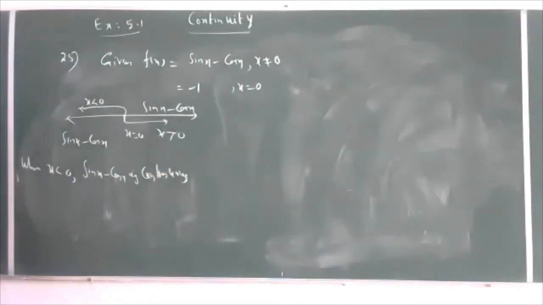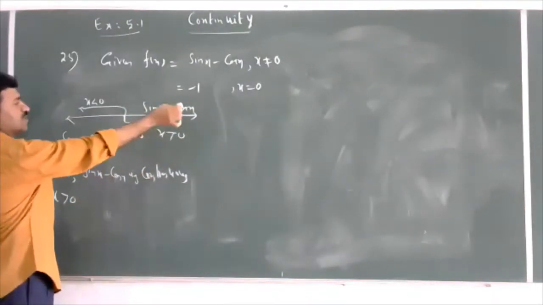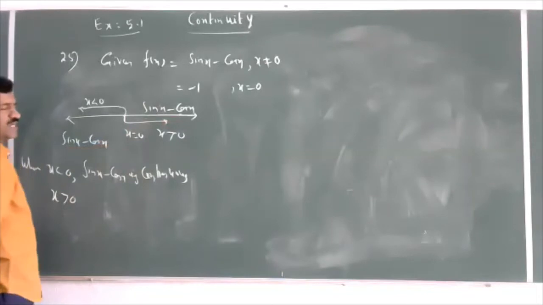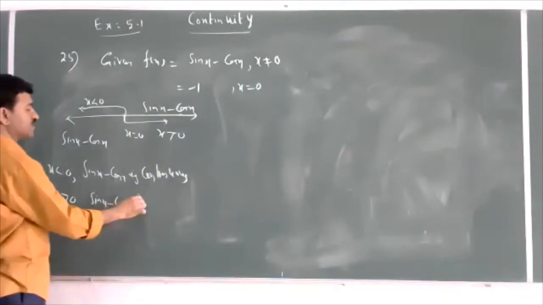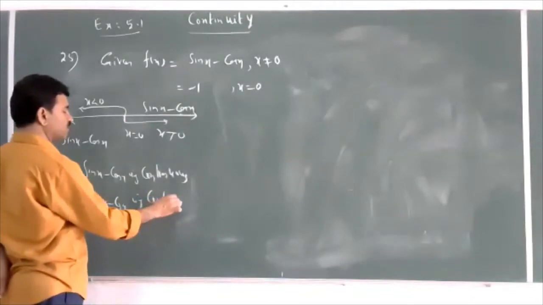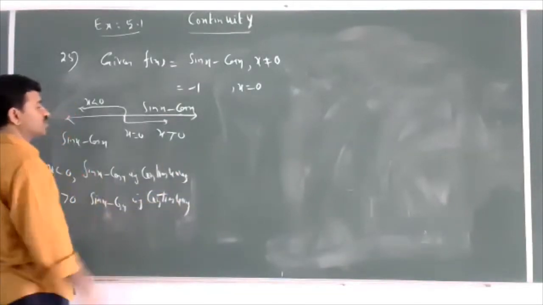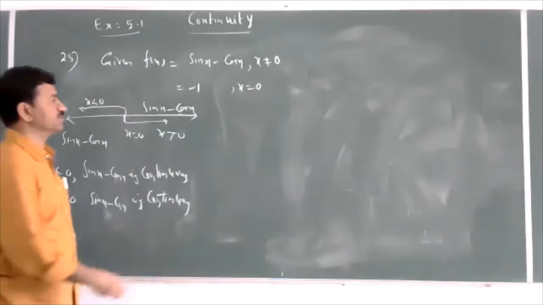When x is greater than 0, sin x is continuous, cos x is continuous, so their subtraction is also continuous. And where is the doubt? At 0. We'll see.